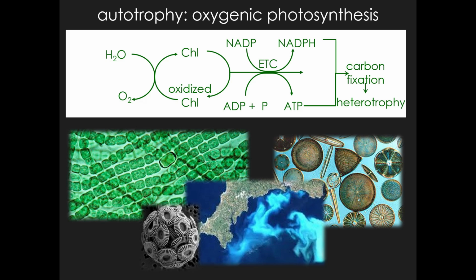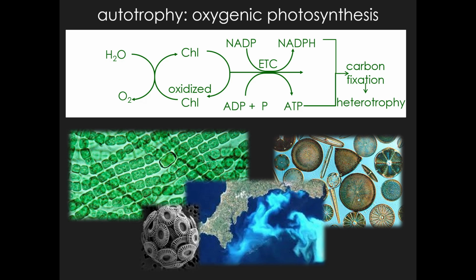Now, their name might sound familiar to you because we talked about cyanobacteria in the previous unit when we talked about nitrogen fixation. We said that cyanobacteria might be members of a symbiotic relationship called a lichen, where they're fed food by a fungal partner, and that allows them to fix nitrogen. They can also, because they photosynthesize, be free-living nitrogen fixers because they have this relatively inexpensive way of generating ATP.